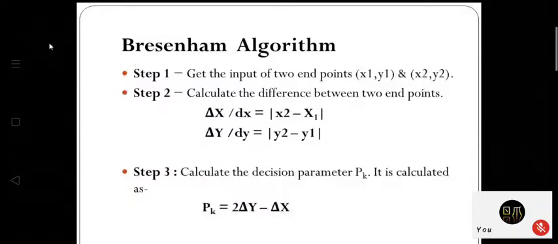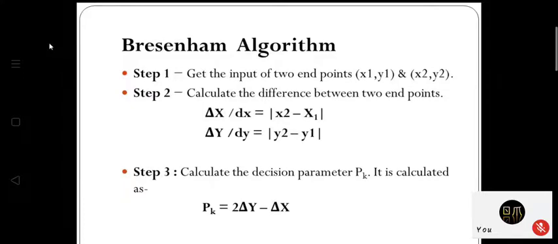Step two is to take the difference between two endpoints. You will be calculating delta x, or you can also write it as dx, and delta y, or dy. That's how you compute the difference between two endpoints.